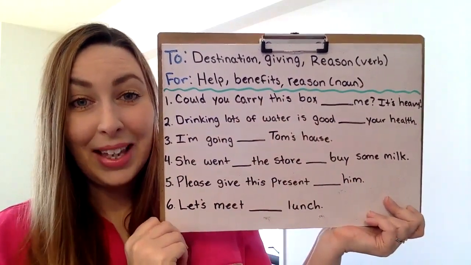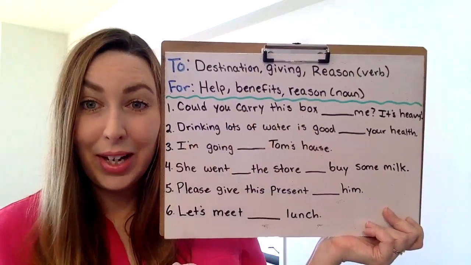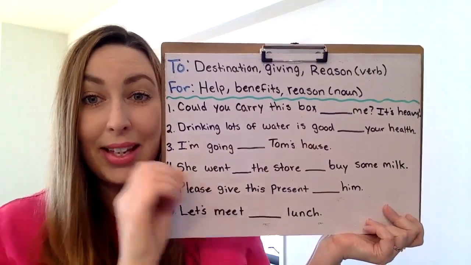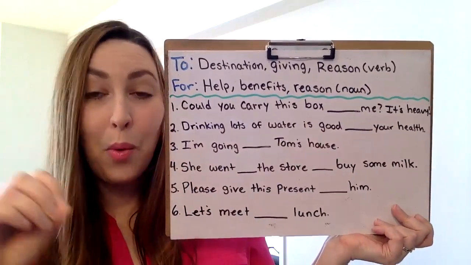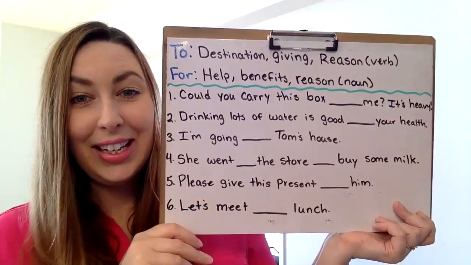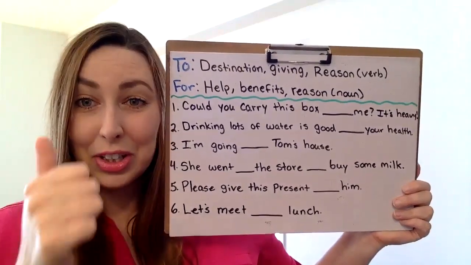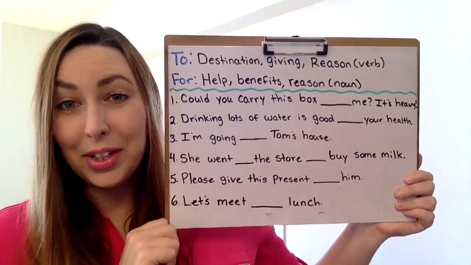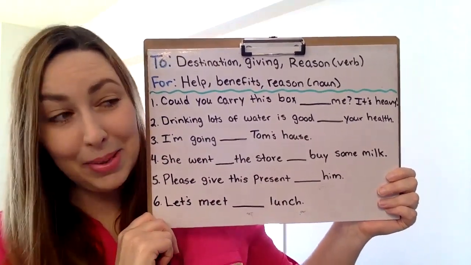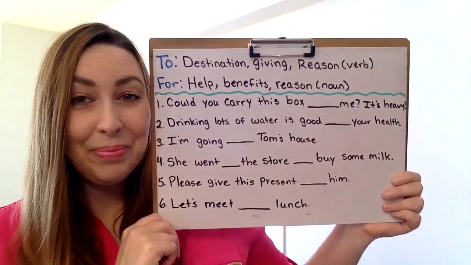We can also use "for" when we're talking about benefits, okay? Something is good for you. So an apple a day is good for you. It's good for your health, right? Eating an apple a day is good for your health, okay?